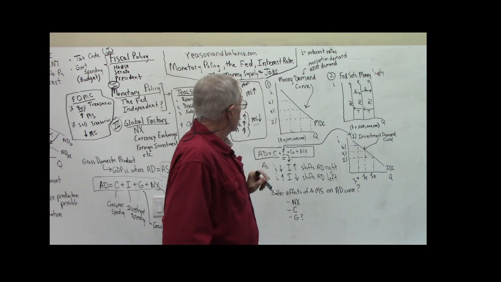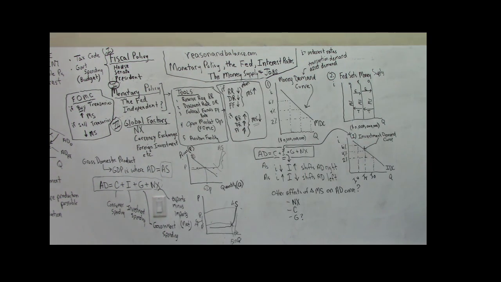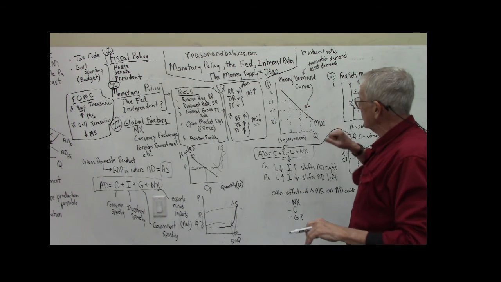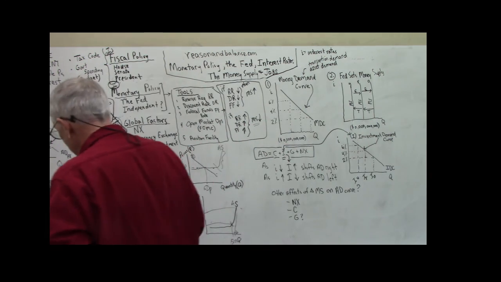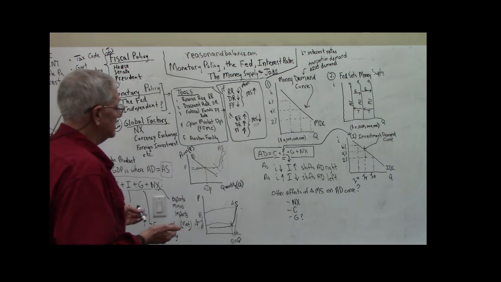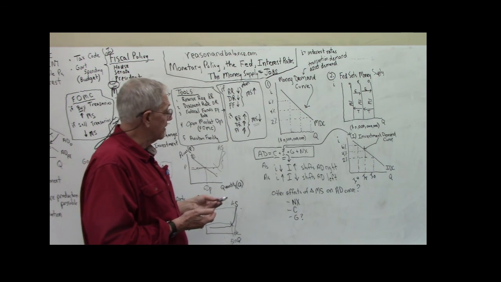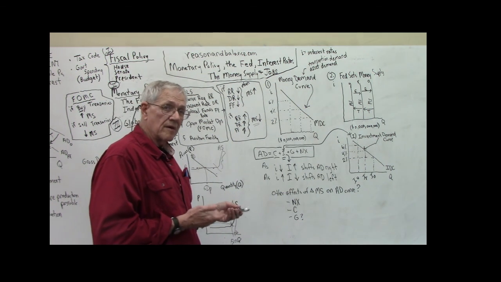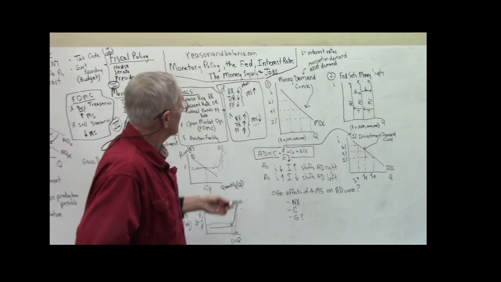So, okay, think of it that way, or you can think of it as if you're a borrower. If interest rates are higher out there, you don't want to borrow quite so much as you do if interest rates are lower.